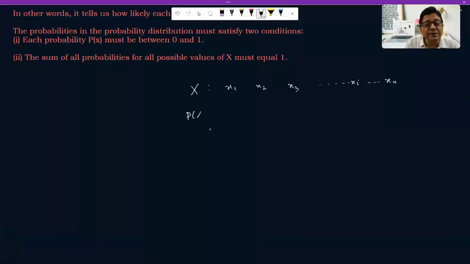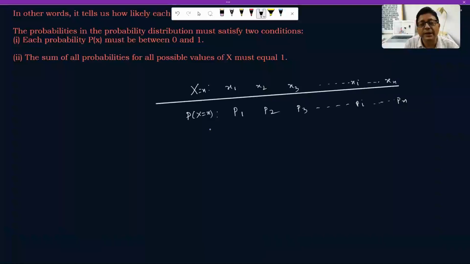Corresponding probabilities are P(X = x), since you have taken small x1, so p1, p2, p3, ..., pi and pn. If you write all these things, the first row contains all values of x, the second row contains all probabilities, then this is called a probability distribution.